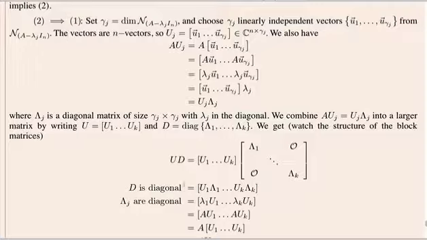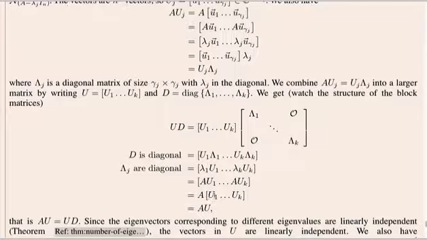And then it doesn't matter which way you write, you can write it on the left hand side as well, since this is now a multiplication with a scalar. And then what we have is what we had before, that this equals the AU_1, ..., AU_k matrices, and then A can be factored out on the left hand side. And what we get is that these U_1, ..., U_k matrices are giving us the big U matrix.